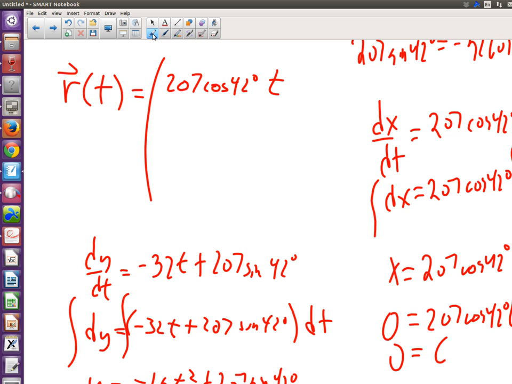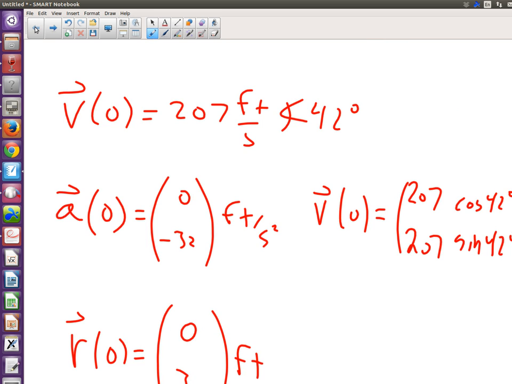This is a constant. It's just a number. What if it said 2 dt? You integrate and you get 2t. So stuff times t plus a constant. Now how do you get that constant? Look at the initial conditions for the vertical component of r. R0 starts at 3, the vertical component.